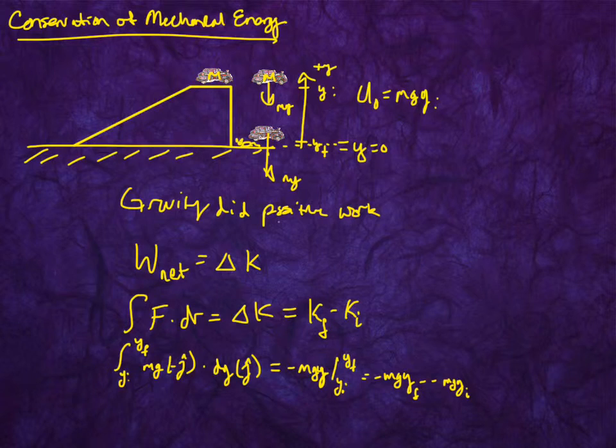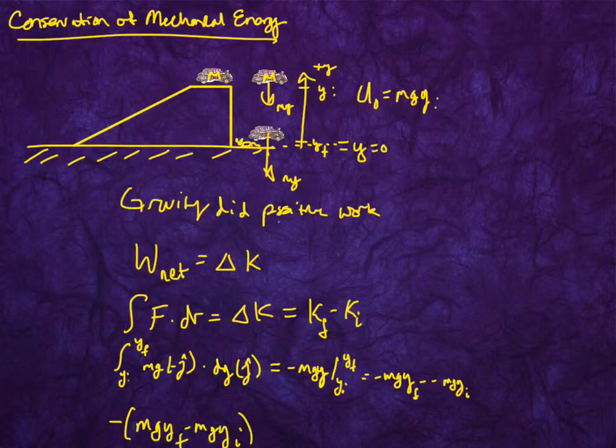Okay, and it's probably what I should have done the first time, when we figured this out yesterday. We factor a negative out of this, and we get mg y final minus mg y initial, which is negative U final minus U initial.